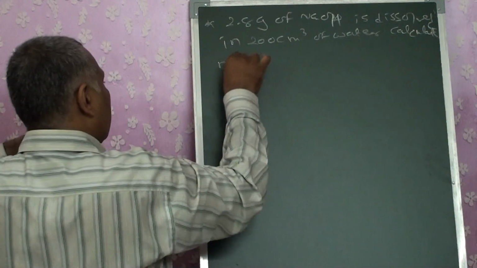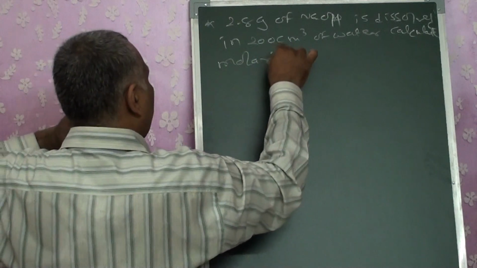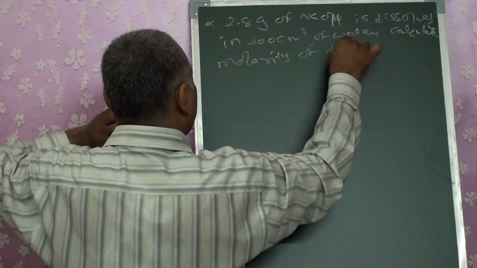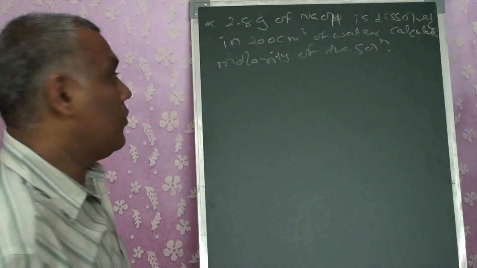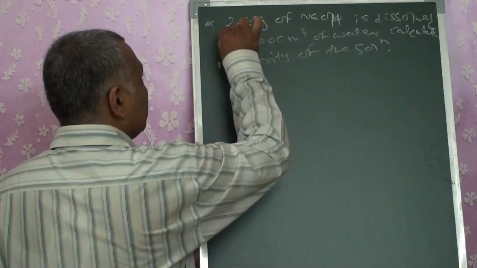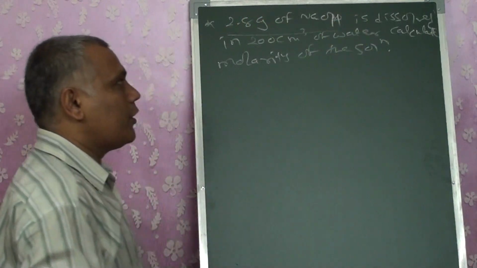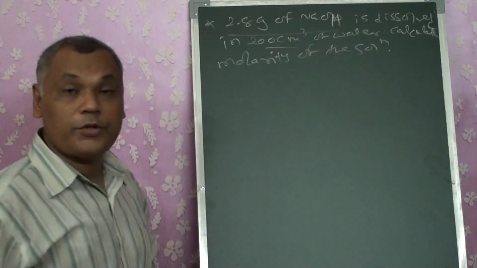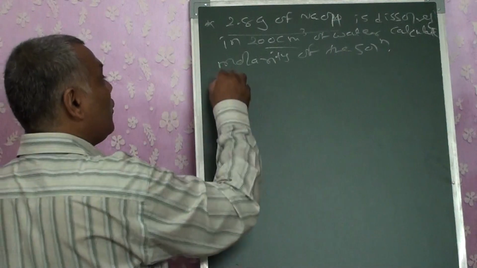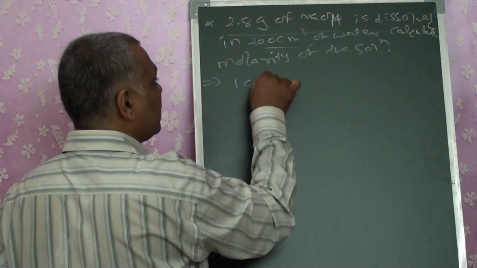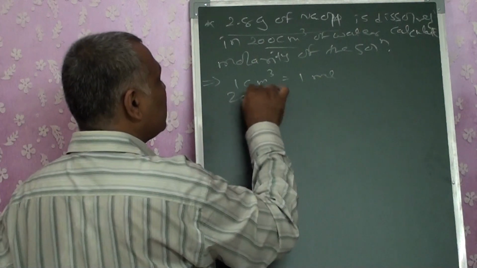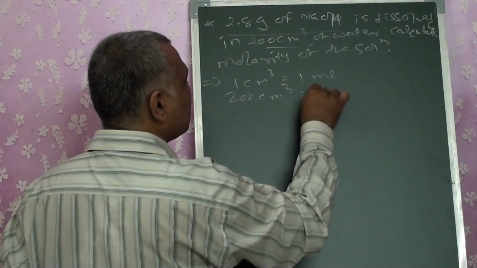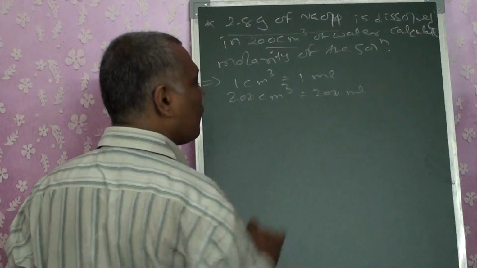Calculate the molarity of the solution. Now it's given to us: solute is 2.8 gram, 200 centimeter cube. We know that 1 centimeter cube equals 1 ml. So 200 centimeter cube means 200 ml of water.